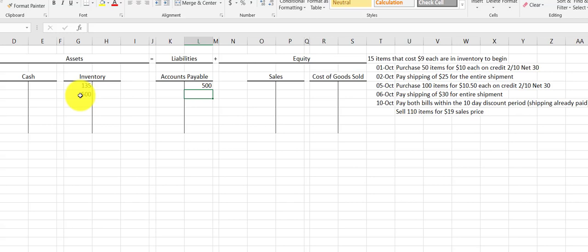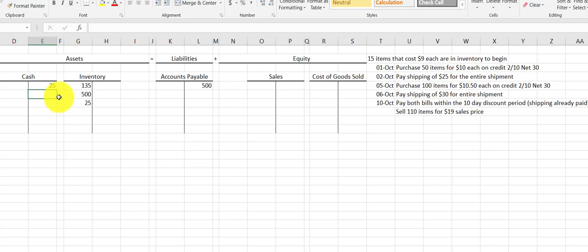We paid shipping for this entire shipment, $25. The cost of these items right now is $10, but when we get the shipping, remember that's included in the cost. So we're going to debit inventory, and I warned you that inventory is a default in the perpetual method. And we credit cash because shipping companies often will not give us credit.